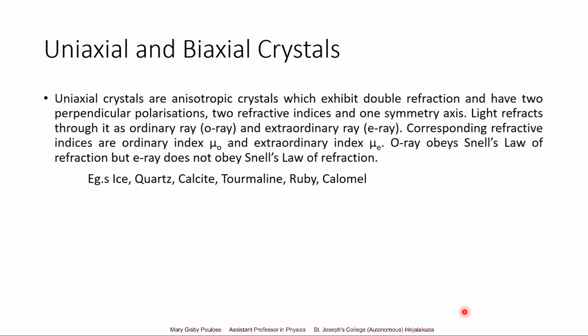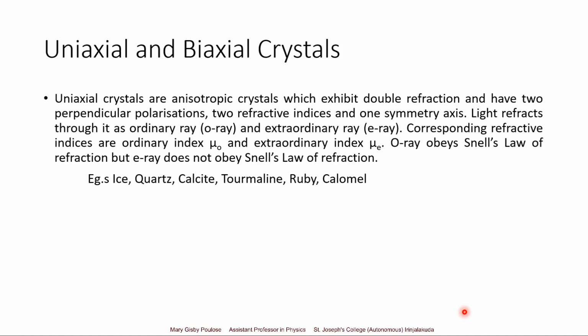Now, we have uniaxial and biaxial crystals. Uniaxial crystals are anisotropic crystals that show double refraction and have two perpendicular polarizations, two refractive indices, and one symmetry axis. That is, when light passes through it, light will refract into two rays.